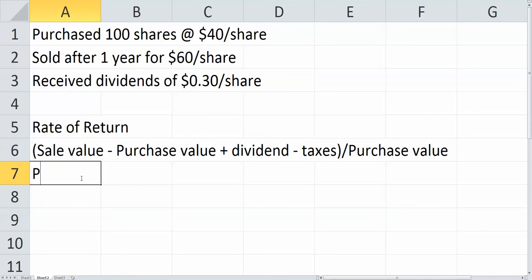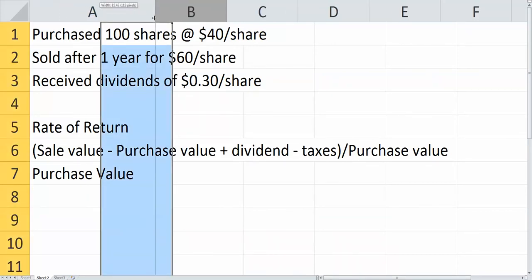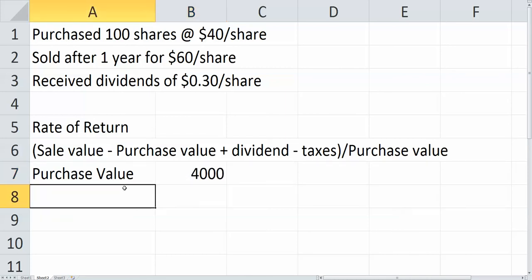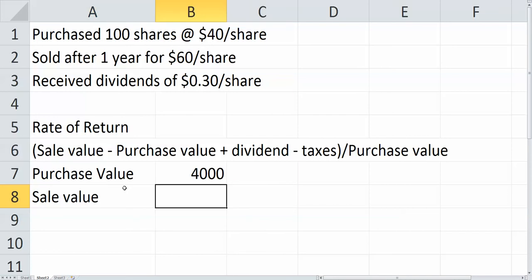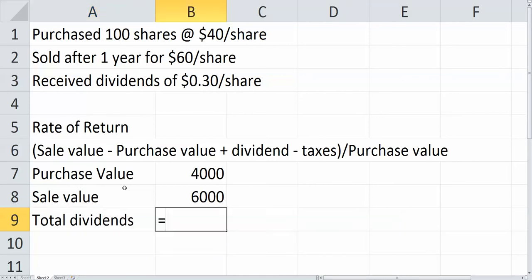So my purchase value is the 100 shares times the $40 a share, or 4,000, and my sale value would be the 100 shares times the $60 sale price, and then my total dividends would be the 30 cents times the 100 shares.